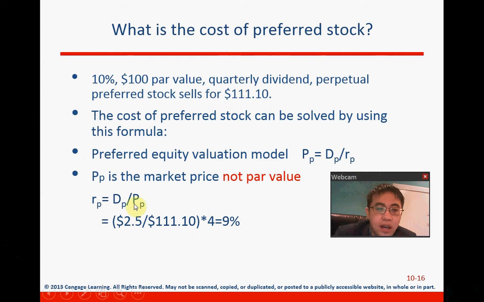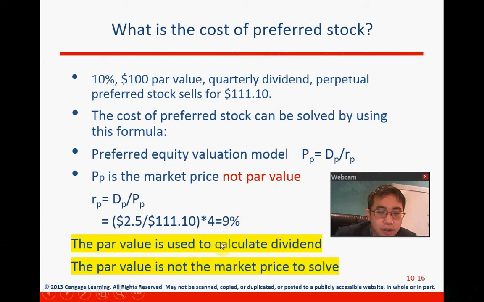If it's semi-annual, I just divide 10 by 2 and then multiply by 2. Or if it is monthly, divide by 12, multiply by 12, so they all get canceled out. So you can ignore this. Just use this $10, which comes from 10% times 100, as the numerator to get the return.